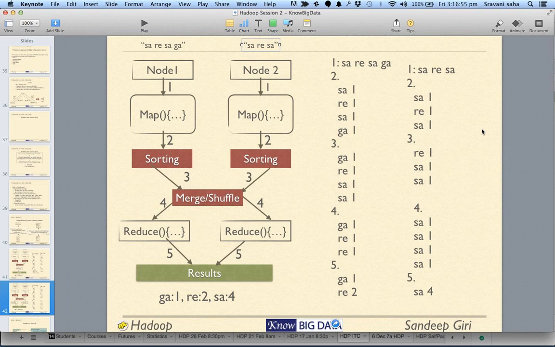Sometimes the client itself, say the Pig client, while converting the query, specifies how many reducers you want, based on sampling of the data. So the reducer count is configured by you, while the mapper count is decided by Hadoop.